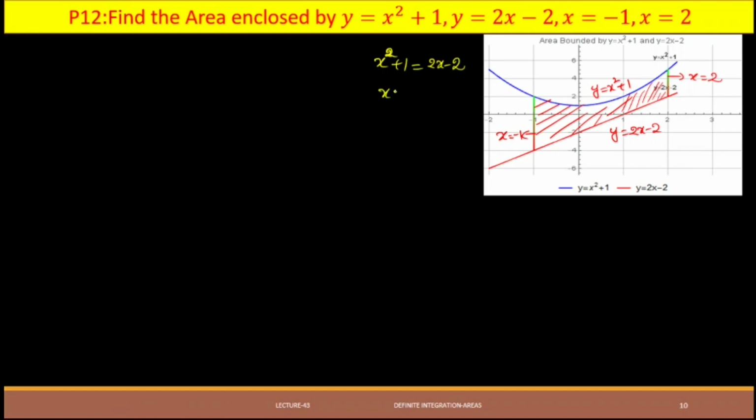So it is x square minus 2x minus 3 is equal to 0. Let me find the discriminant here. Discriminant is b square minus 4ac.